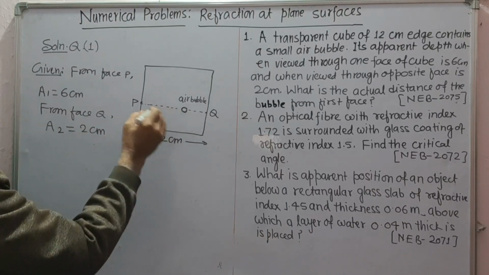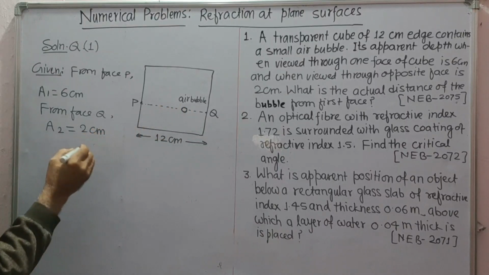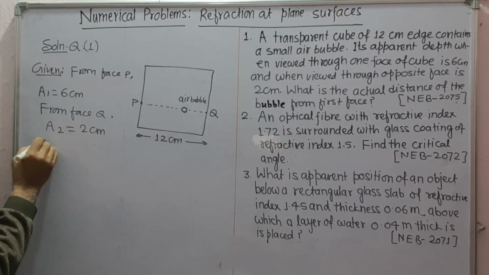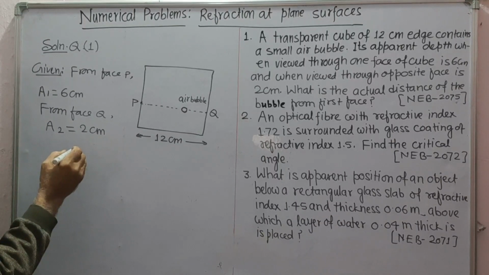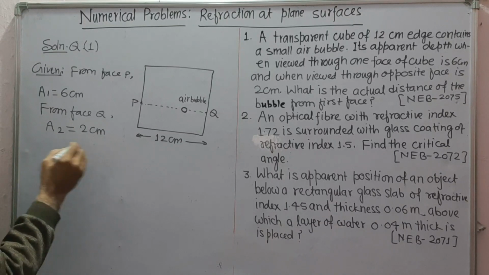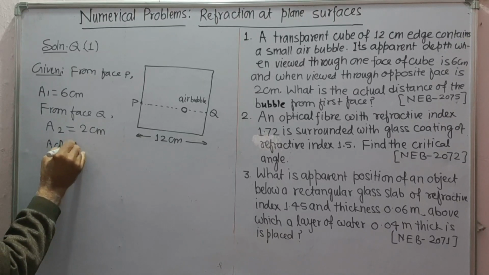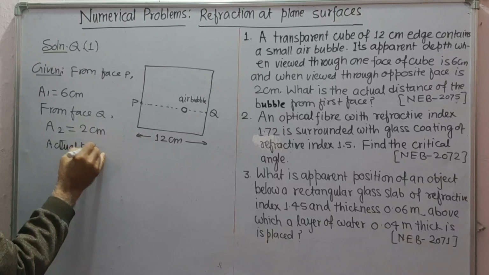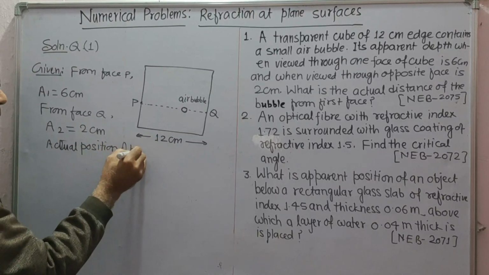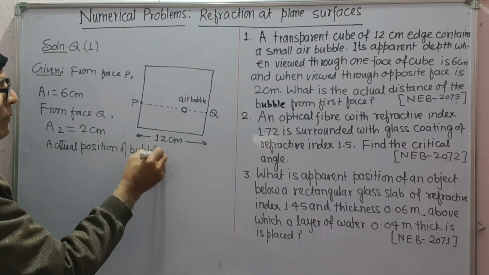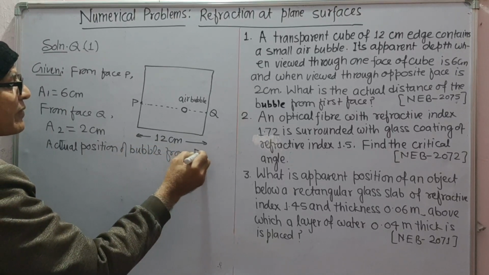Now we have to find the actual position of the bubble from the first face P.